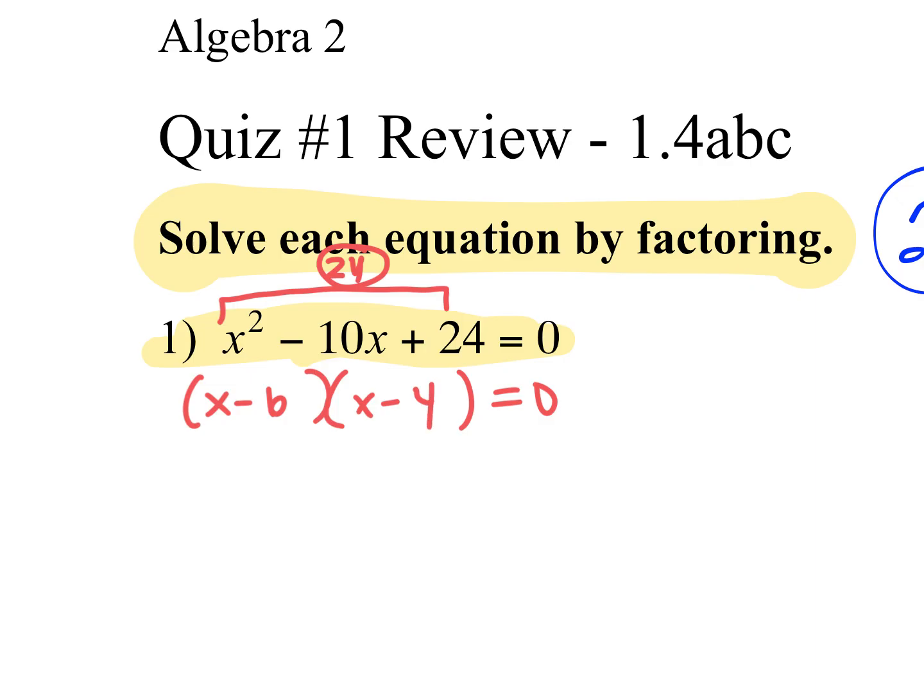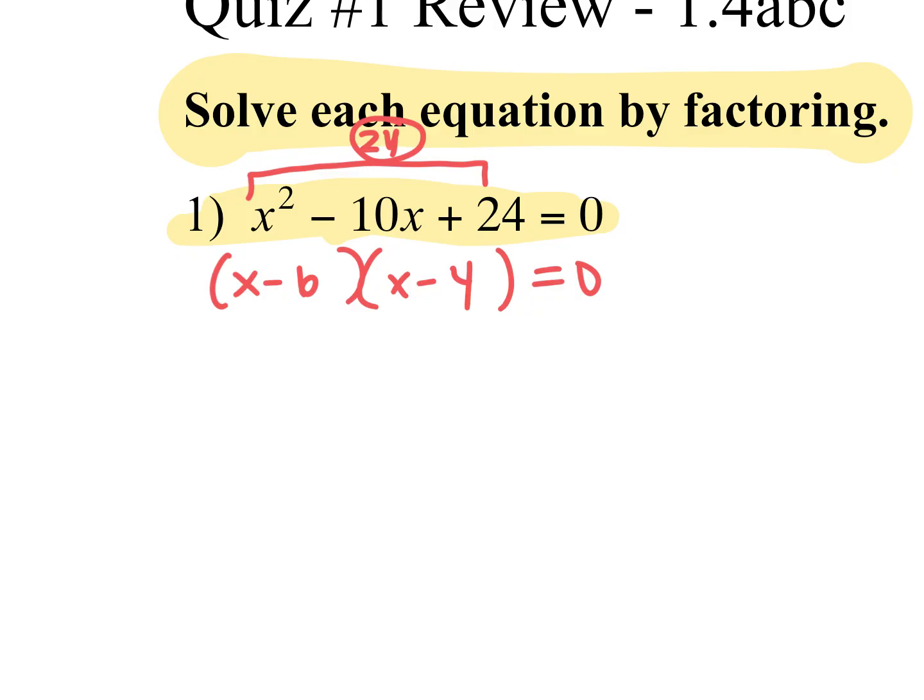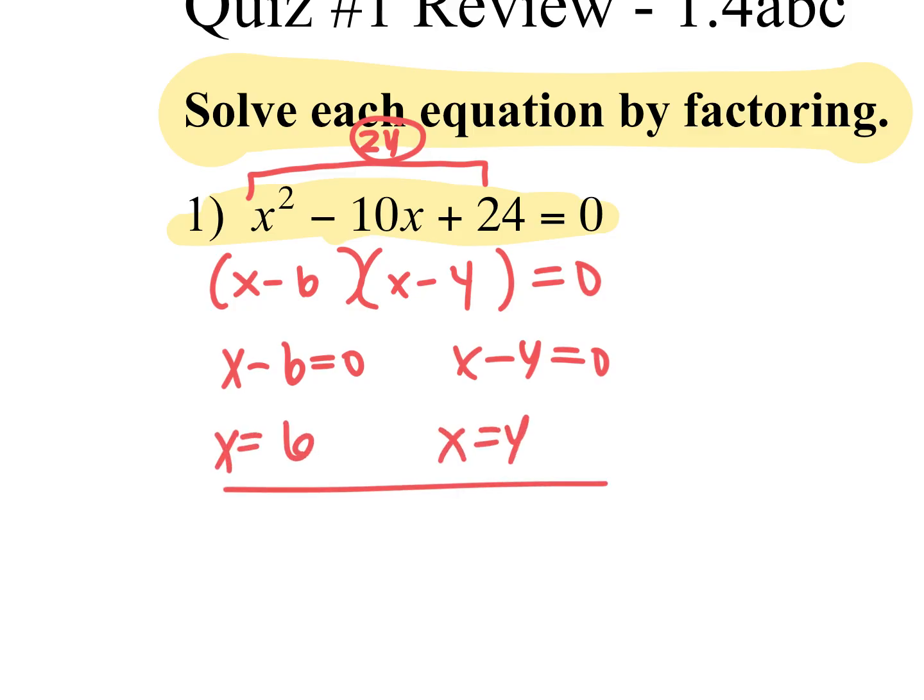When you solve by factoring, whatever your 2 things are that you've broken it down into, you then just set that equal to 0. So what are your 2 answers here? X equals 6 and x equals 4. That's it. Just that easy. So you're going to have 2 that will tell you solve by factoring.